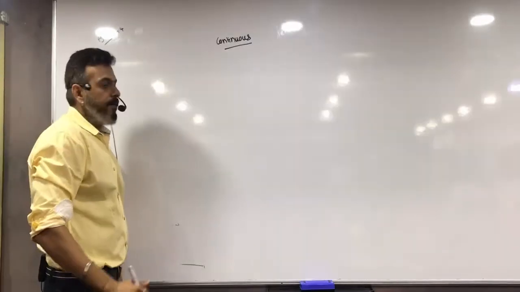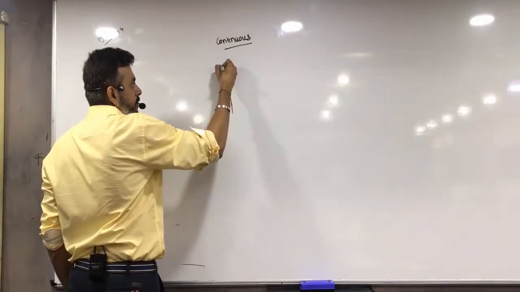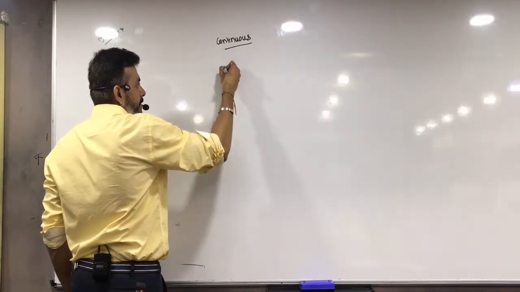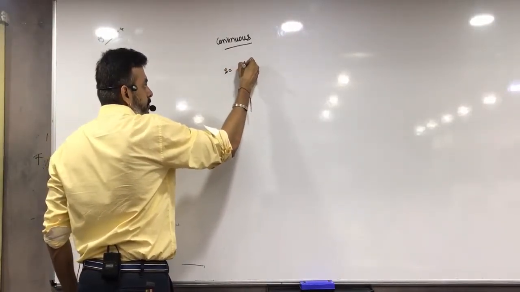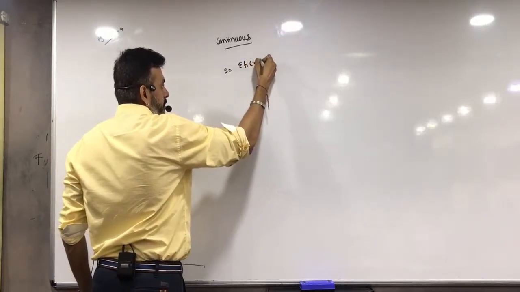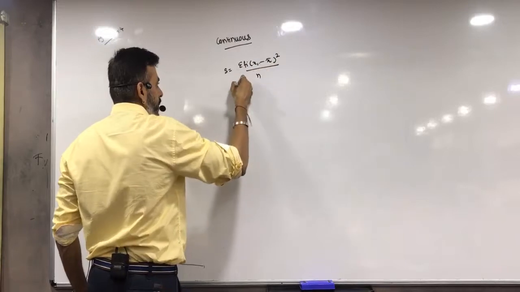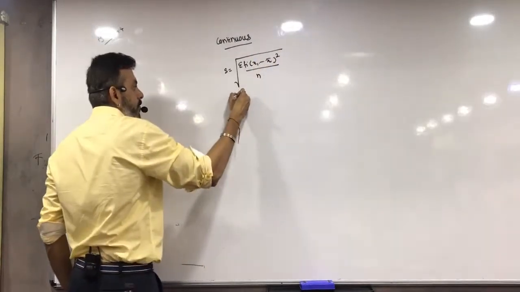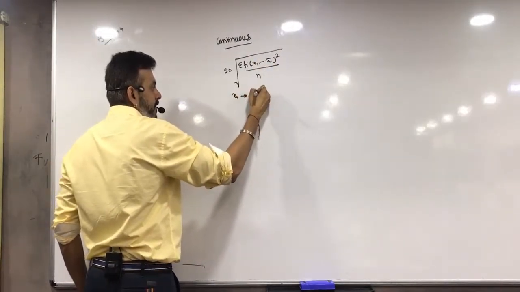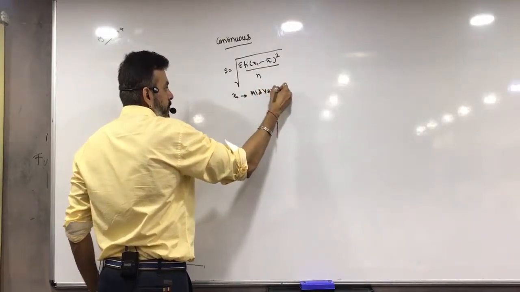Okay. Now it continues. Similar formula for direct method: standard deviation is equal to sigma fi xi minus x bar the whole square upon n, the whole under root. What is xi over here? Xi is the mid value.